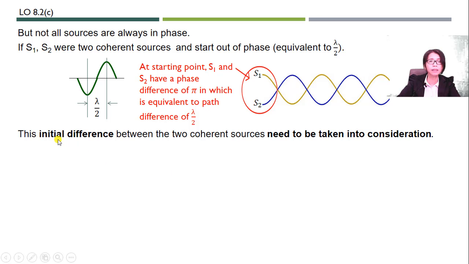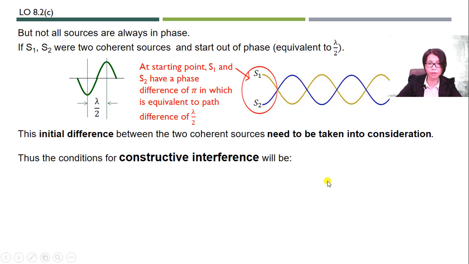So this initial difference between the two coherent sources we need to take into consideration when we want to write the condition for constructive and destructive interference.